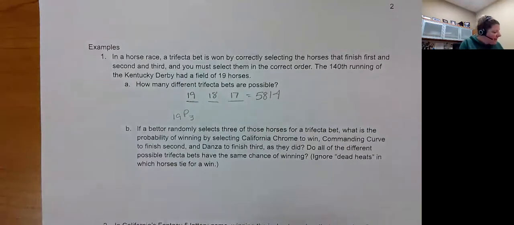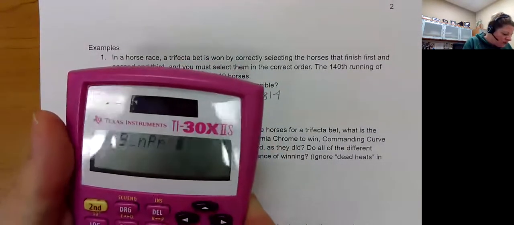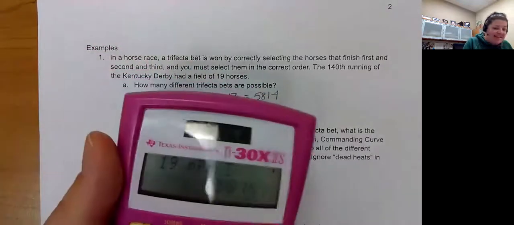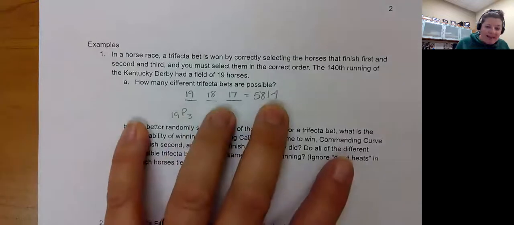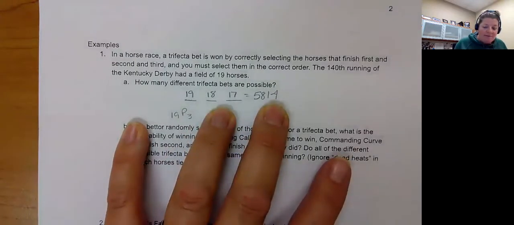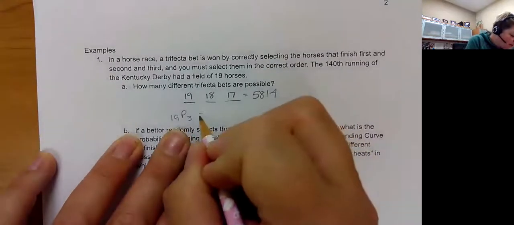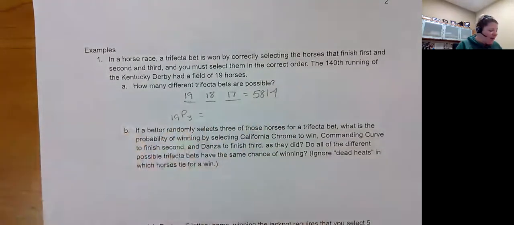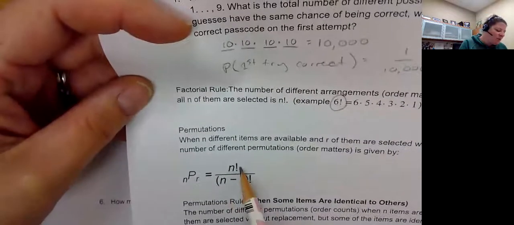If I put that in the calculator, 19P3, I get the same number. So you could think it through this way, or you could do the permutation of it. A calculator is fine, but what was our rule for it? It was n factorial over n minus r factorial.